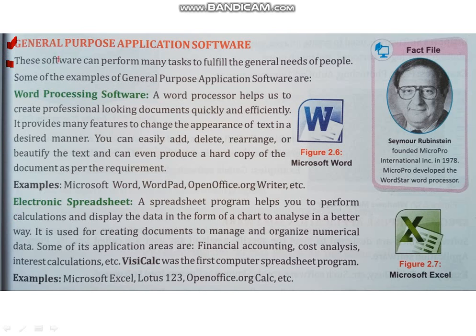These softwares can perform many tasks to fulfill the general needs of people. For example, word processing software, in which a user can create documents, can rearrange or beautify the text, or can even produce a hard copy of the documents.